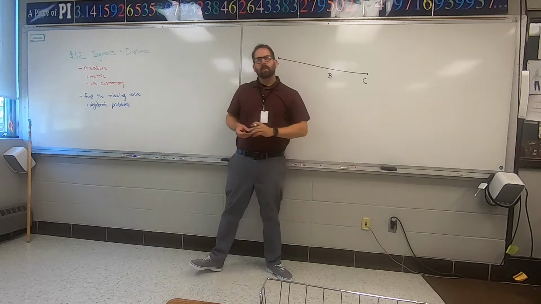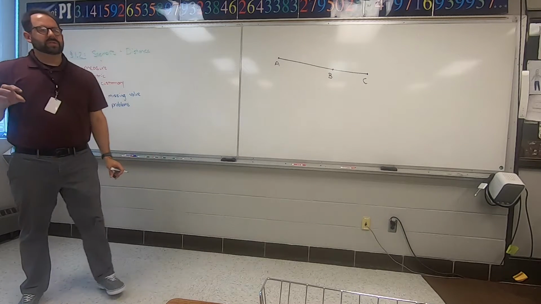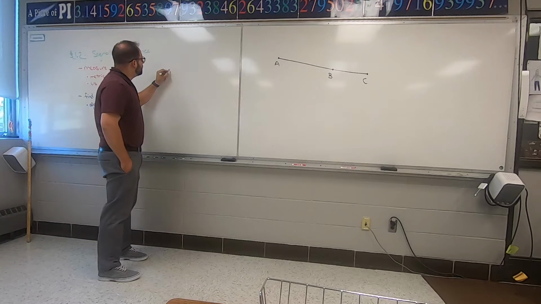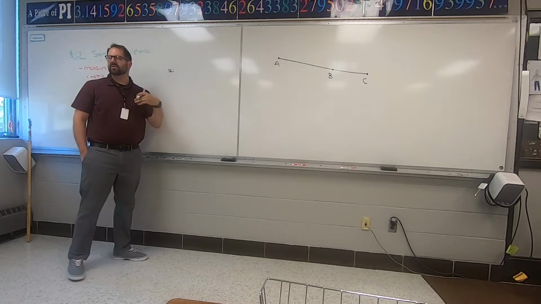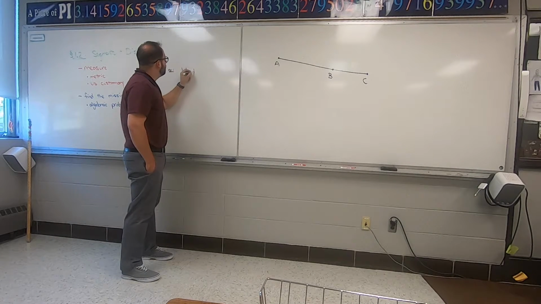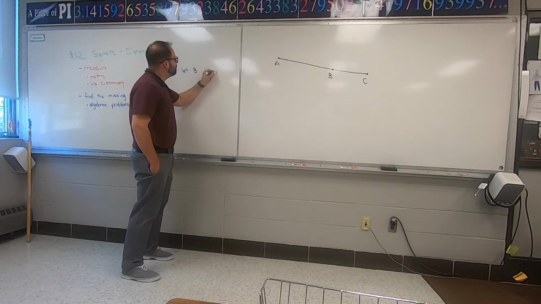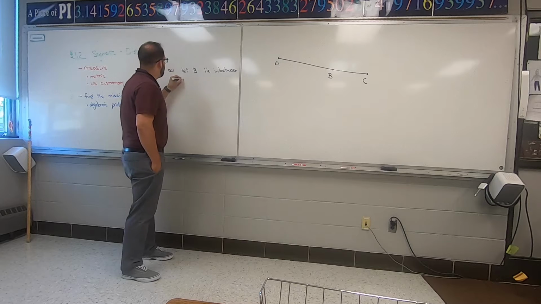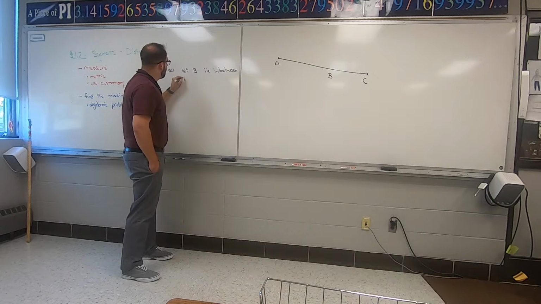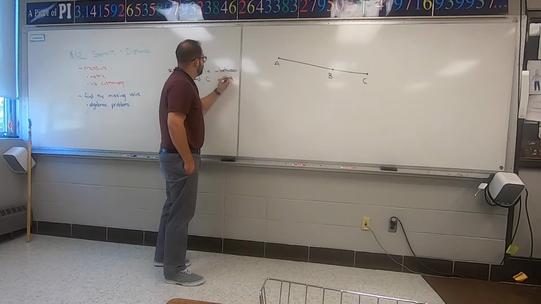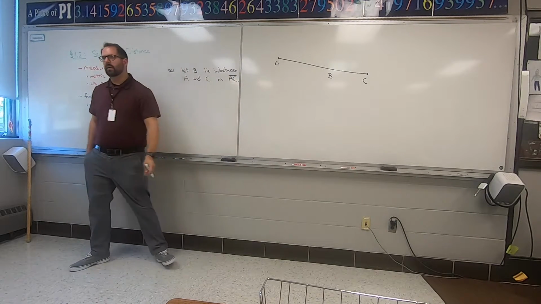Now, if you read your problems, sometimes they won't have the picture drawn. And that's a weird one. I'll give you an example off to the side. Sometimes in the instructions above your problem, it'll say, let B lie in between A and C on AC, like that.